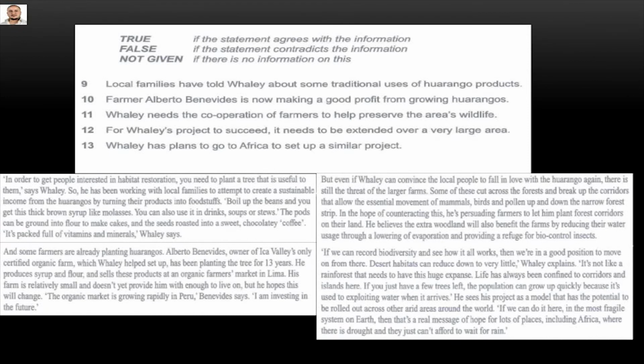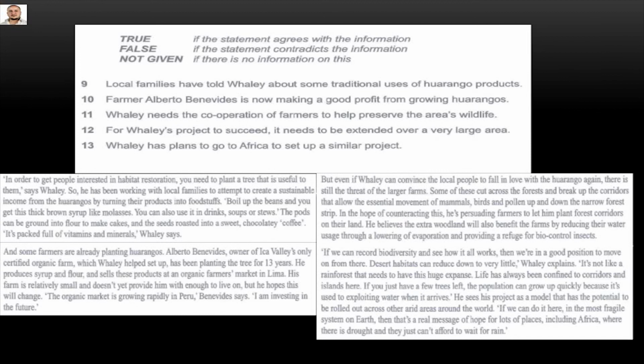when it arrives. So in this case, number 12, for the project to succeed, it needs to be extended over a very large area. No, number 12 gives false information, wrong information. So number 12 will be false. Why?